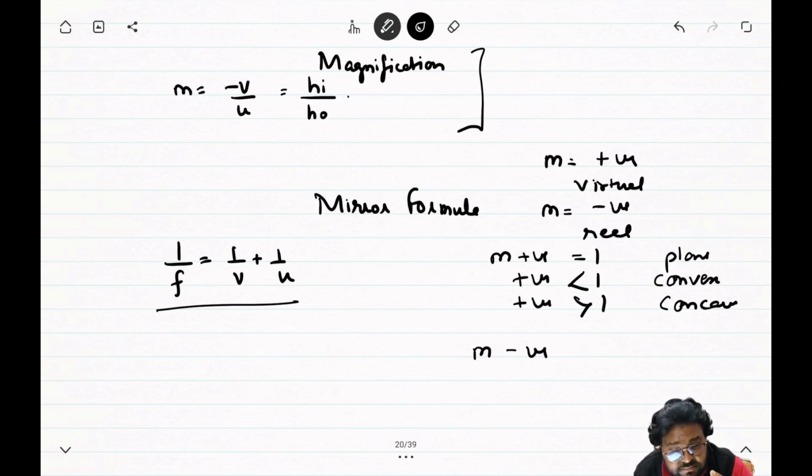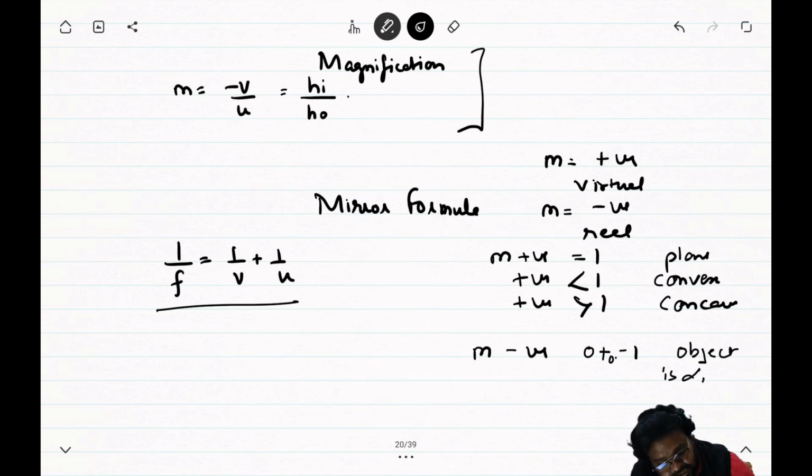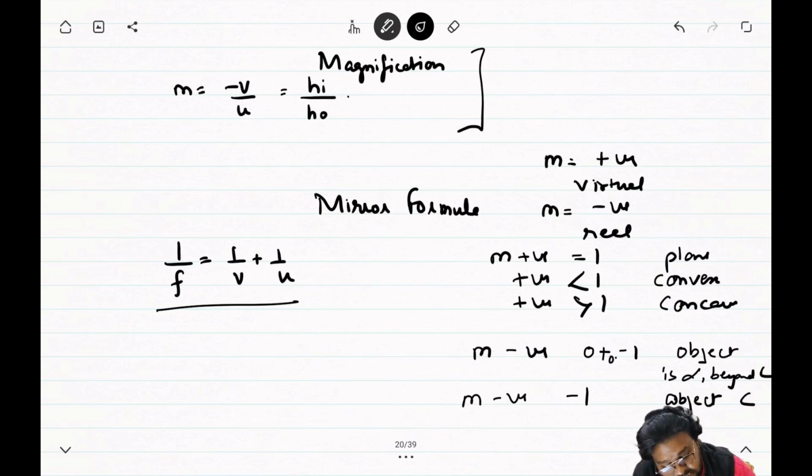So if the magnification is negative and between 0 and minus 1, then the object is either at infinity or beyond C. If we are getting minus 1, then the object is at C. If you are getting a value smaller than minus 1, that means minus 1.5, minus 2, minus 3, minus 4 and so on, then the object is between C and F or at F.